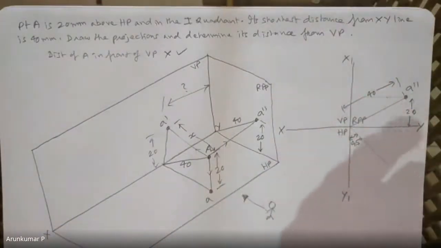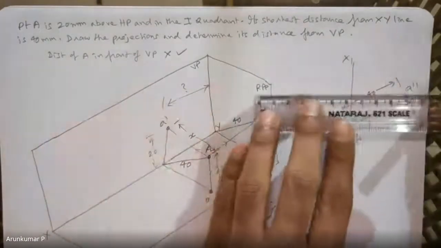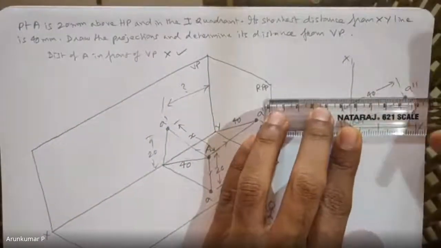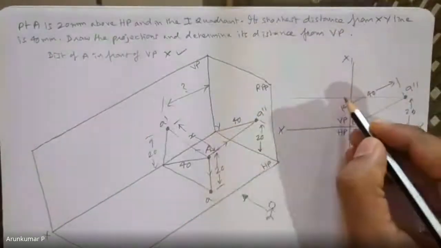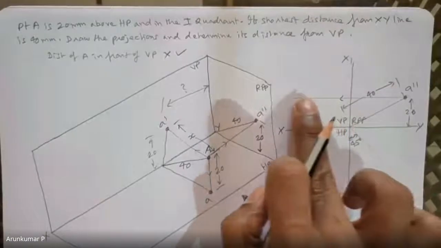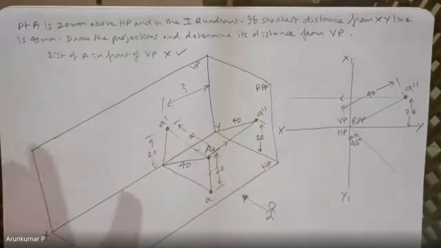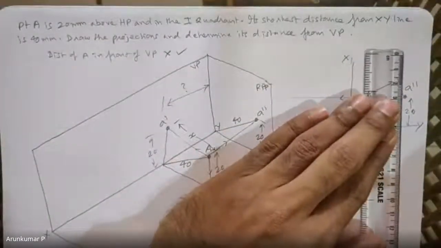It's not over. You have to locate the front and top view also. How can I do that? Front view, it is easy. See, if I just project it onto VP, somewhere on this line, somewhere I'm going to get A dash. I know, but I don't know where exactly. Okay. How about the top view? I'll project this onto median line.